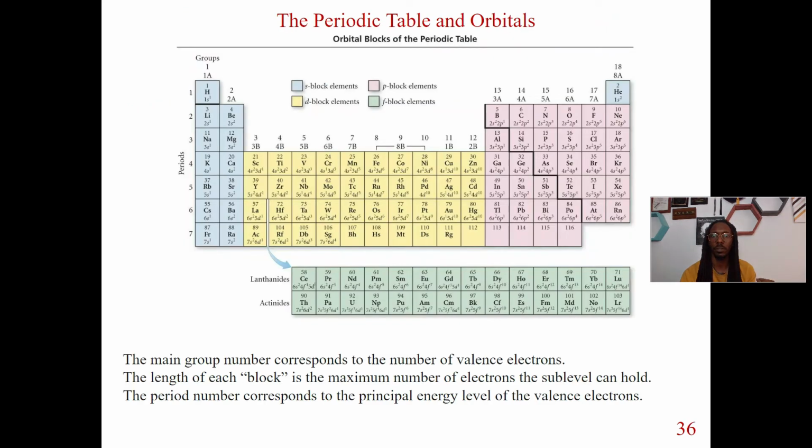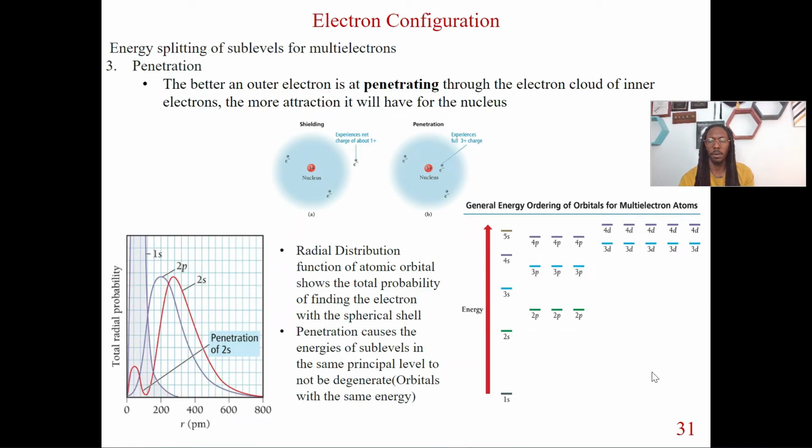Let me go back. When we look here, the energy levels 1s, 2s, 2p, 3s, 3p, you would think it'd be 3d next, but that's not the case, because we understand s's are lower in energy, so the 4s orbital is actually going to be lower than our 3d orbitals.